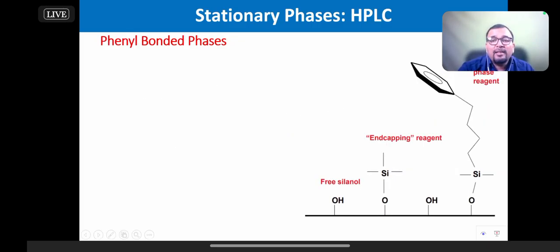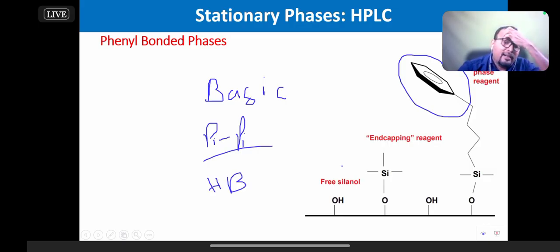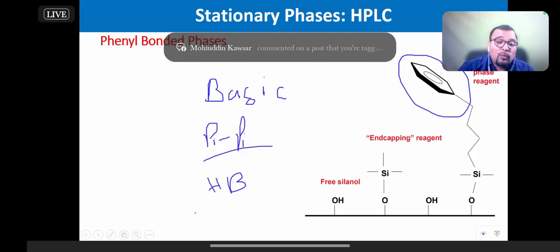So what is the possible interaction in the phenyl stationary phase? It's a basic compound, yes or no? Lewis base. So what is possible? Pi is possible, yes or no? What is another possible? Hydrogen bonding possible. And because this is a bulky group, the steric interaction is possible.